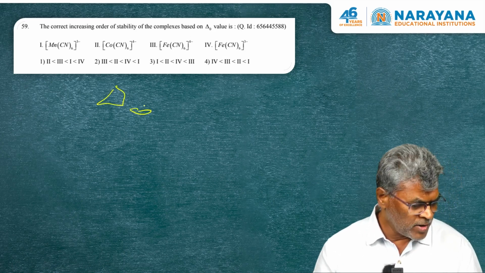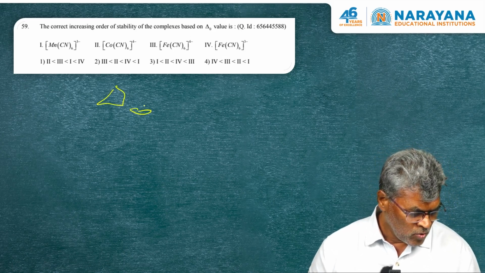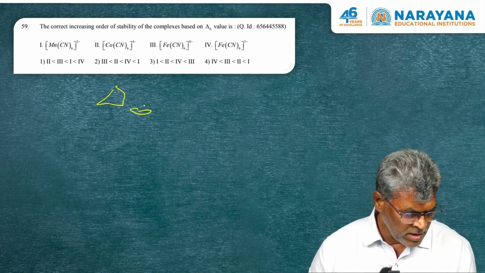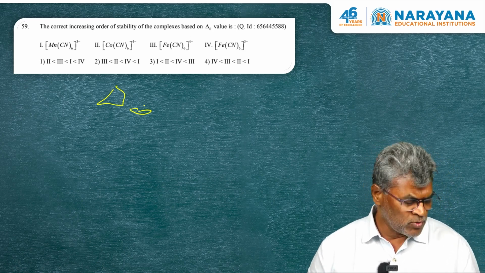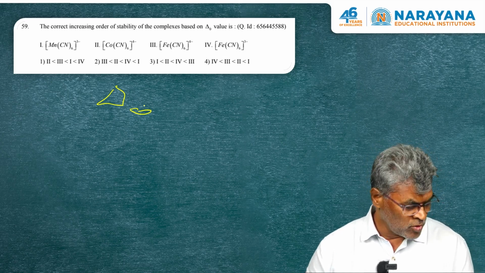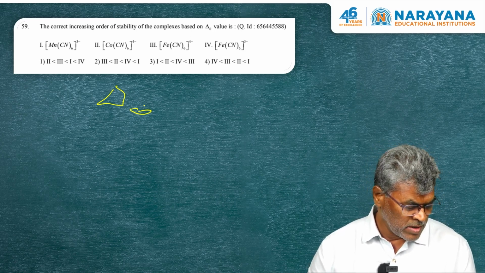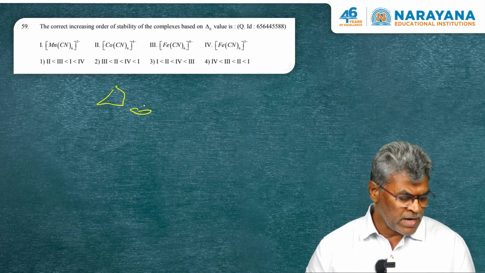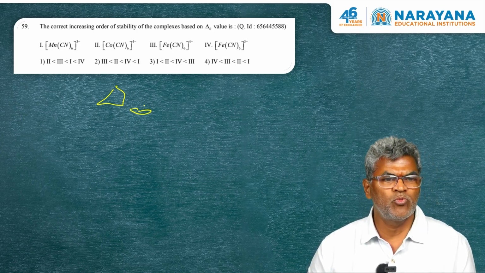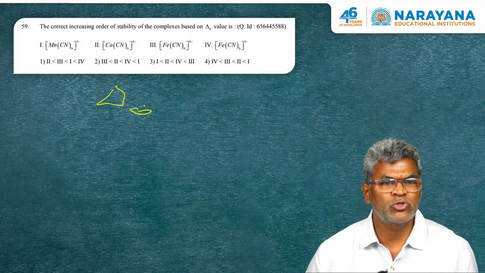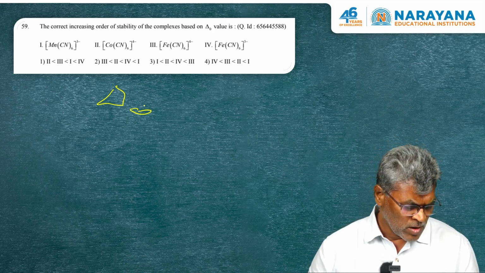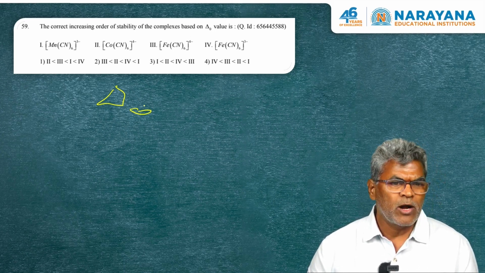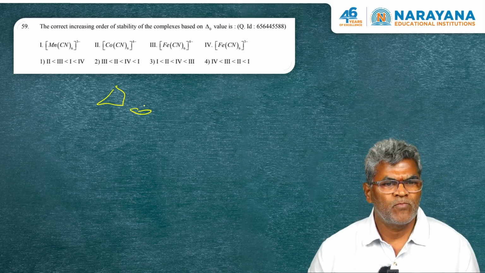Once you write delta naught for each complex, for the first complex you are going to get 1.6 delta naught, all minus, exothermic process, 1.8 delta naught, minus 2.4 and minus 2 delta naught. If you see the values, automatically the third option will be the correct one.